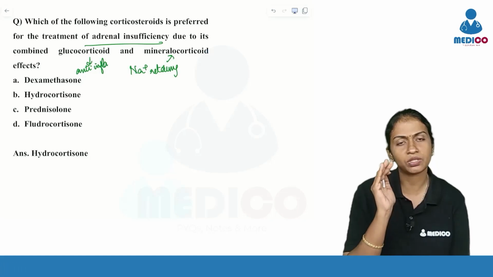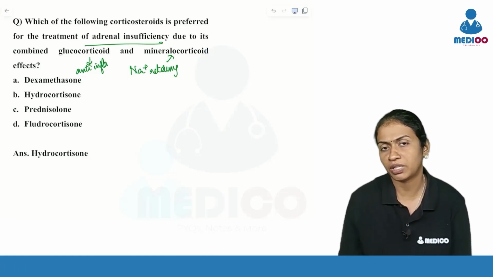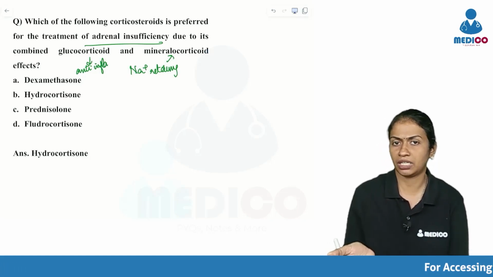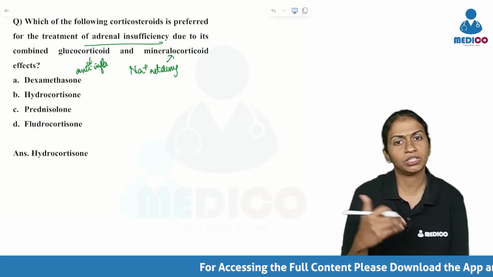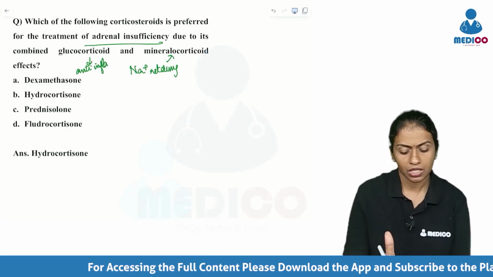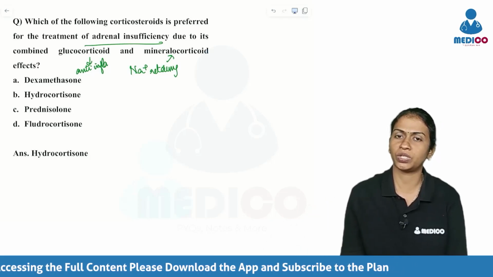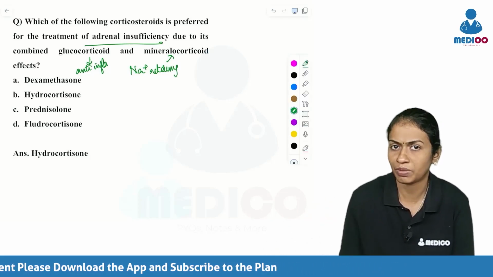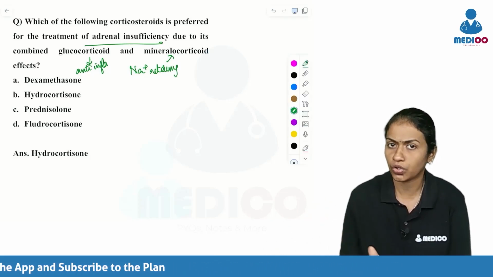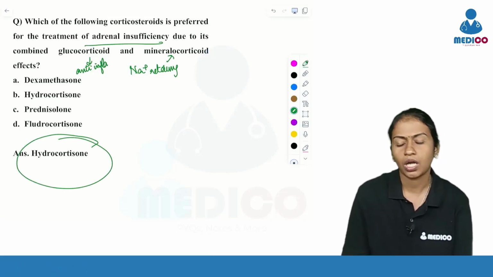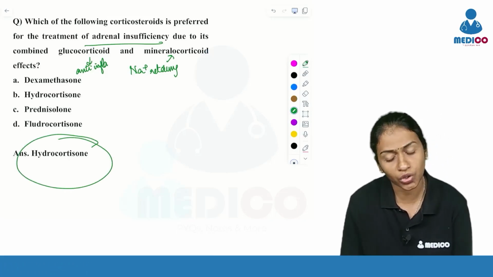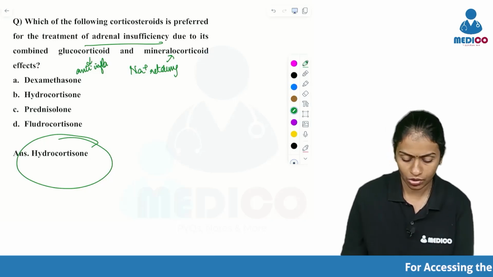For example, dexamethasone has got only anti-inflammatory property, no sodium retaining property. So they are mainly having only glucocorticoid activity, no mineralocorticoid activity. Some have only sodium retaining property, no anti-inflammatory. So they have only mineralocorticoid activity. So among the options, the one which has got both glucocorticoid and mineralocorticoid activity is hydrocortisone.